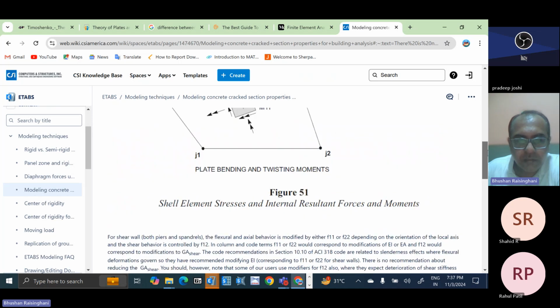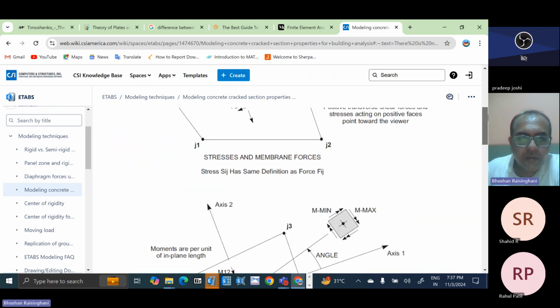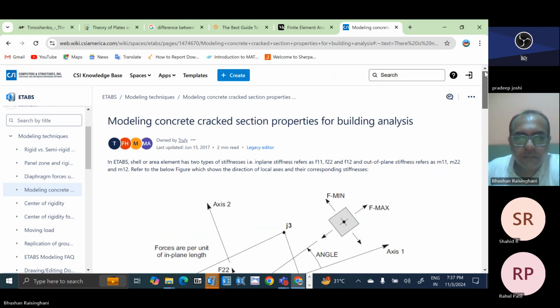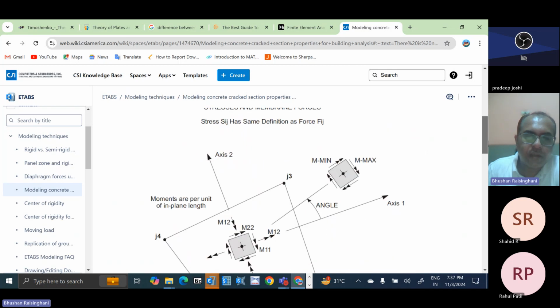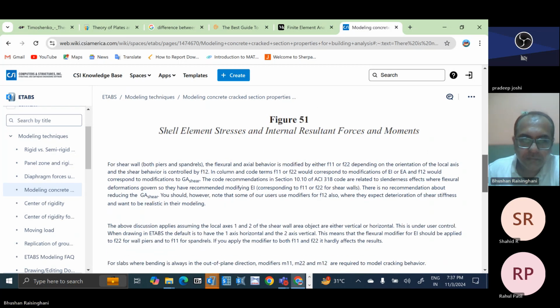What is the reason there is no description of V? In the shell element in ETABS that you saw, it is not showing any V direction, while for SAP2000 that we saw, it is showing the shear in the V direction.